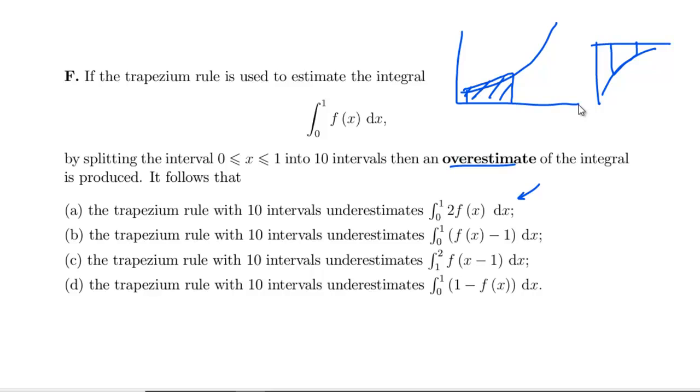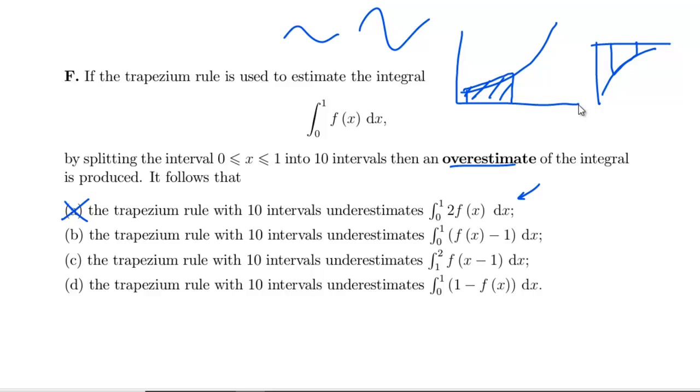We've stretched it out, so whatever was going wrong with the trapezium rule before is going to go wrong afterwards in exactly the same way. So it definitely can't be A, because we've just stretched things out. It's just going to make our trapezium rule even more wrong than before.